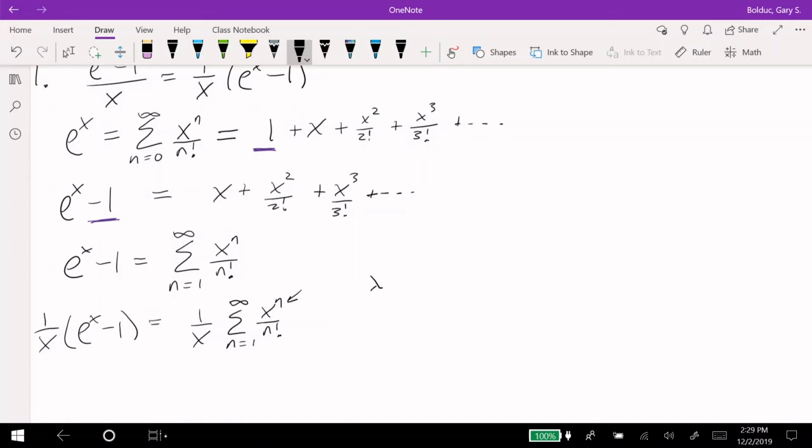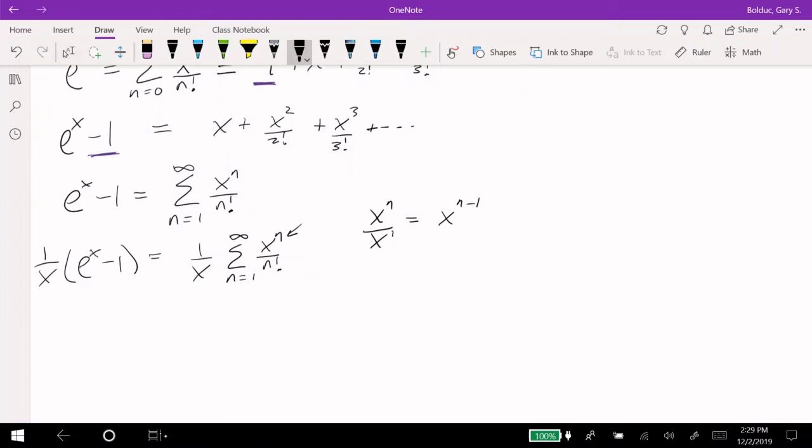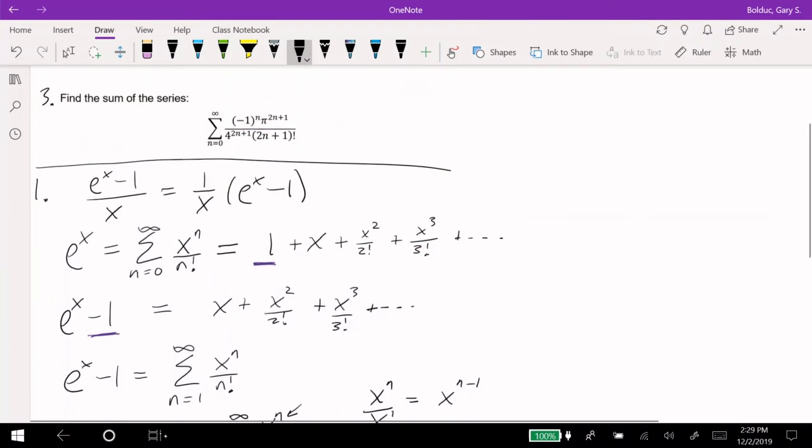Because I'm going to end up with x to the n over x. And if we use our power rules, that's x to the n minus 1. So this will be equal to n equals 1 to infinity, x to the n minus 1 over n factorial. So there we go. That's the inside of our integrand.